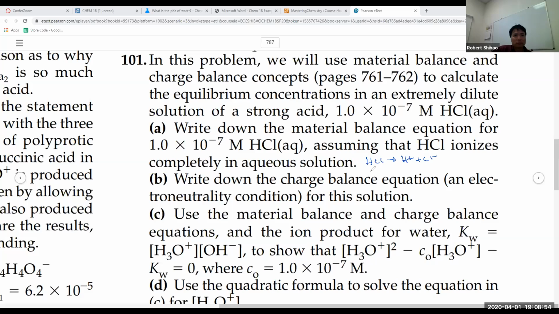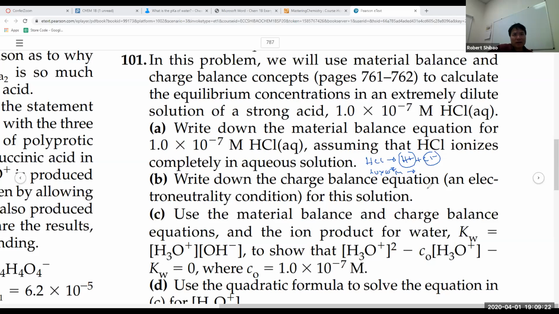The 1.0 times 10 to the minus 7 molar for HCl. Well, HCl ends up in two species. The 1.0 times 10 to the minus 7 molar is going to end up in these two species here. So this one will be 1.0 times 10 to the minus 7. We could write an equivalent expression for that.